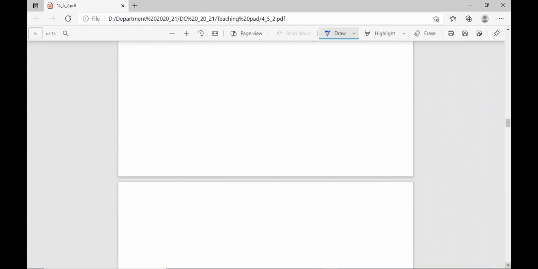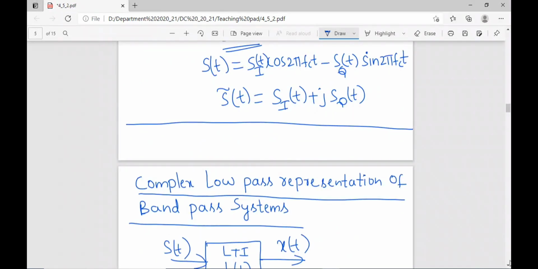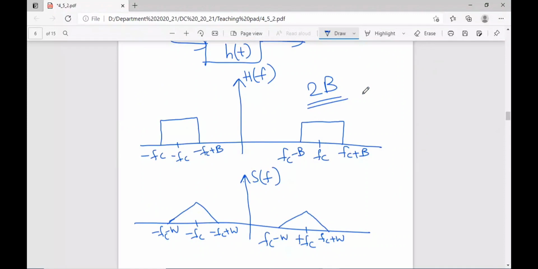You have the bandpass signal, right? H of t is once again the impulse response of the bandpass system.